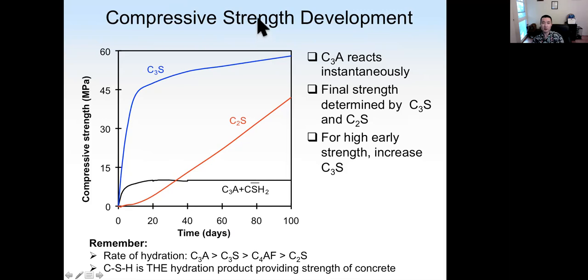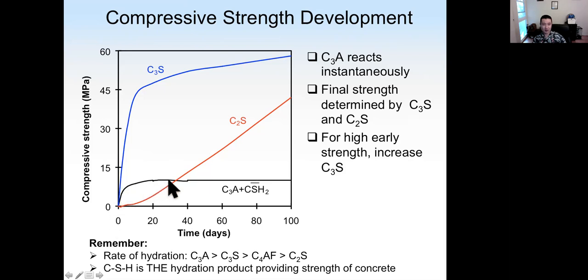And here shows the strength development of the major compounds, C3S and C2S. Both of these generate CSH and CH, but C3S reacts much faster compared to C2S. For C3A, the rate of hydration is even faster than C3S, but let's look at the strength.